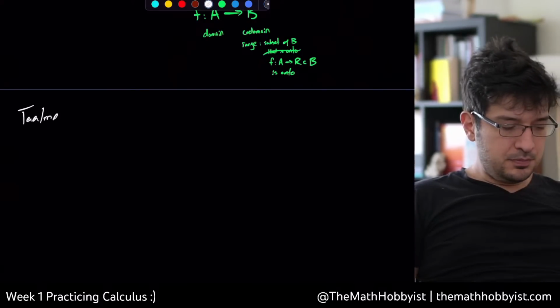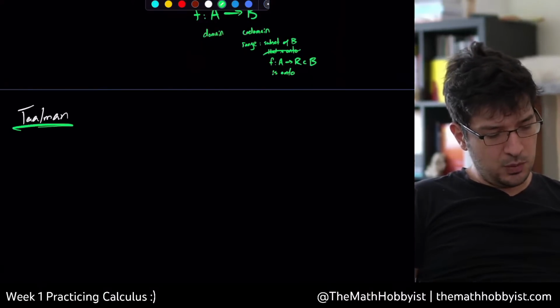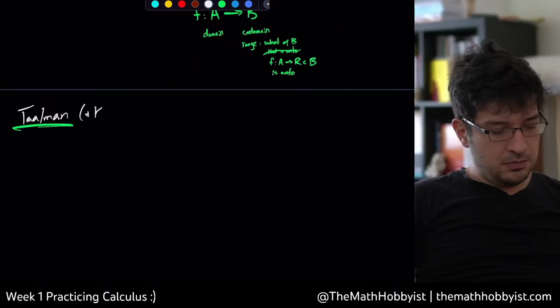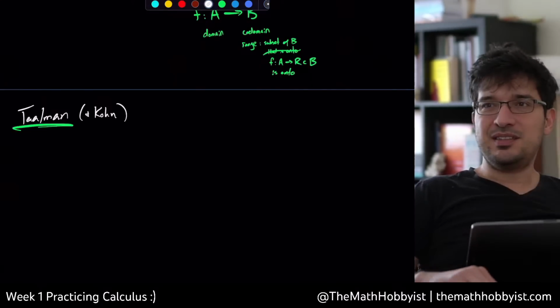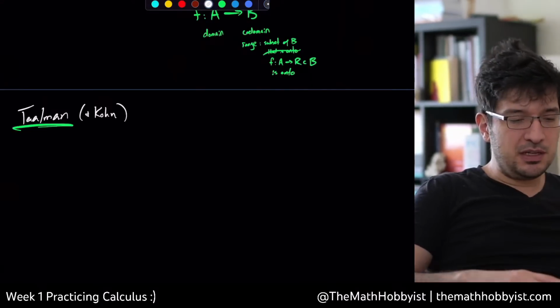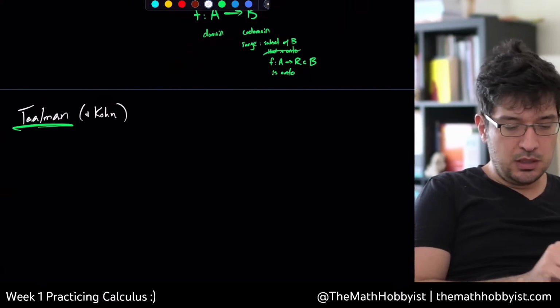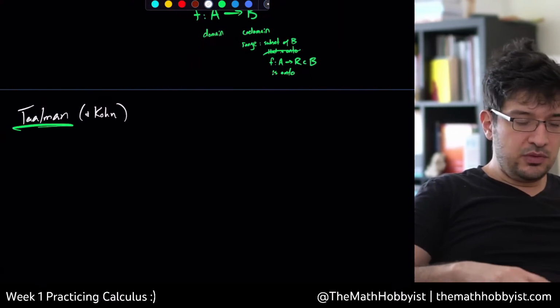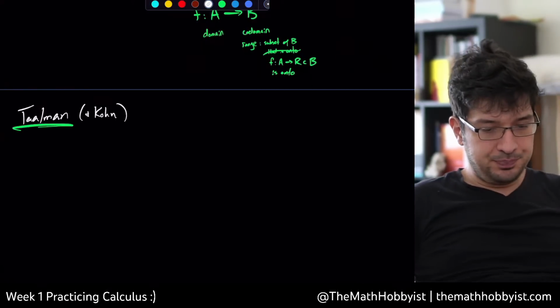Taalman. From here on, I'm going to assume Taalman did more work than Kohn, because their name is first on the book. So I'm going to credit Taalman more, and I'm always just going to say Taalman when I really mean Taalman and Kohn. So section 0.1 is on functions and graphs.